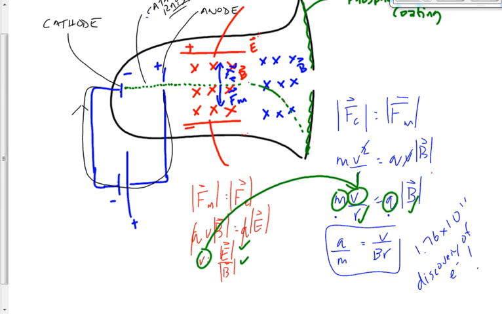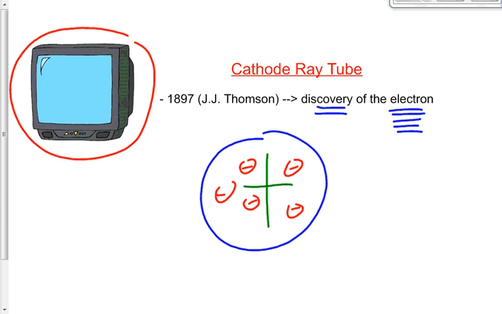So what did Thompson do with that? It goes back to our picture here that we drew a few minutes ago of his plum pudding model of the atom, right? Oh, wow, we got these little negatively charged particles. Let's call them electrons. Well, what are they doing? I don't know. Swimming around inside this sea of positive charge.